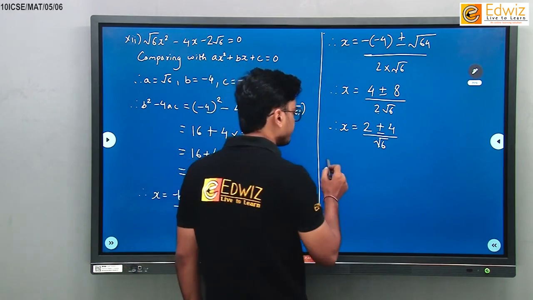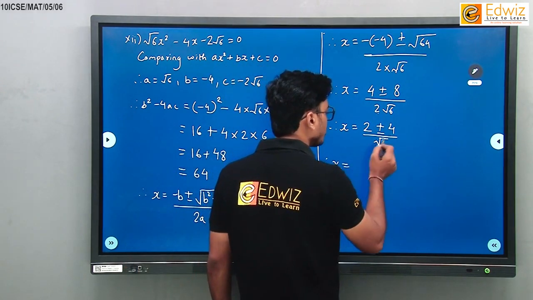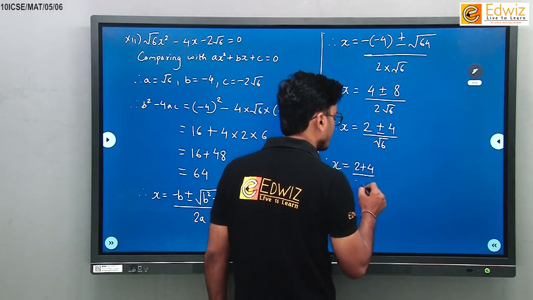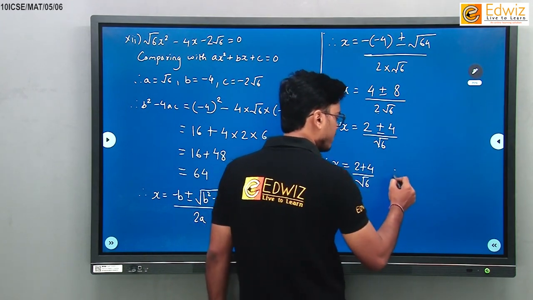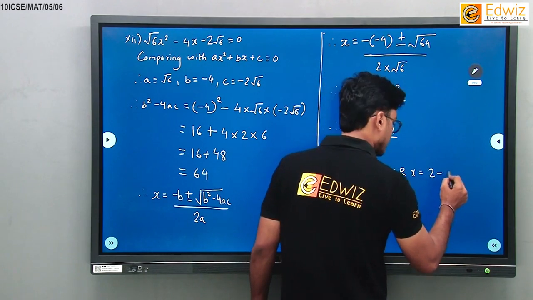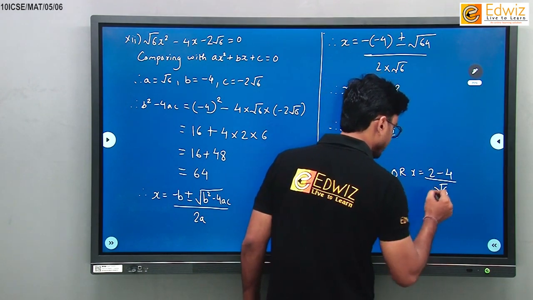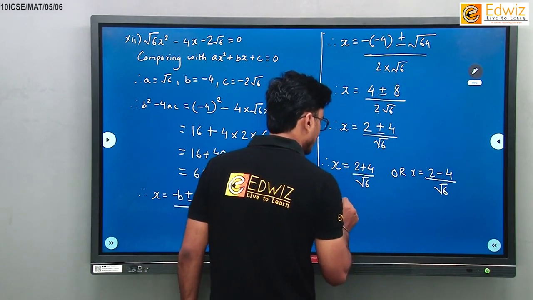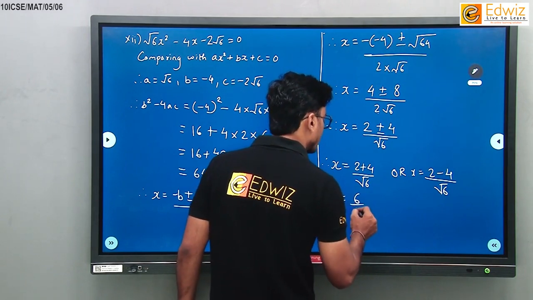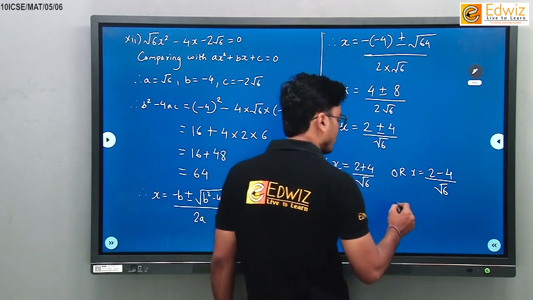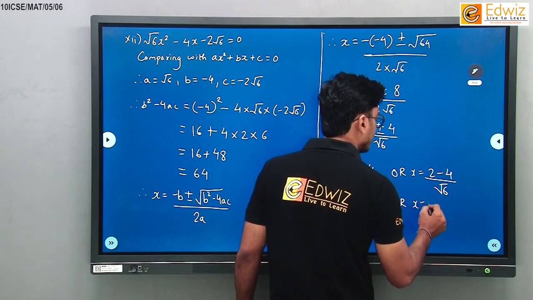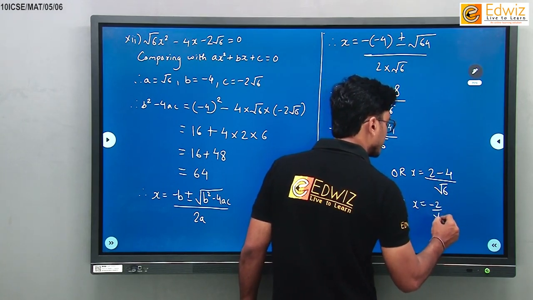Let us now solve it. X is equal to 2 plus 4 by root 6 or x is equal to 2 minus 4 by root 6. So x is equal to 6 upon root 6 or x is equal to minus 2 upon root 6.